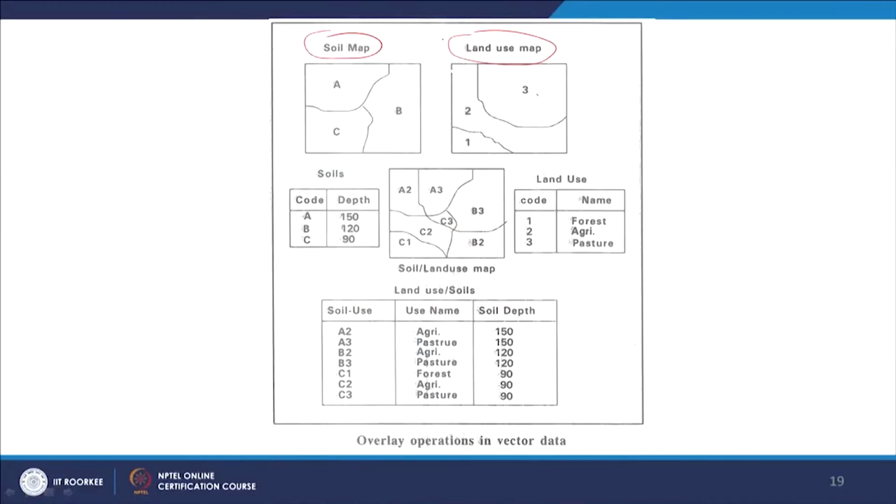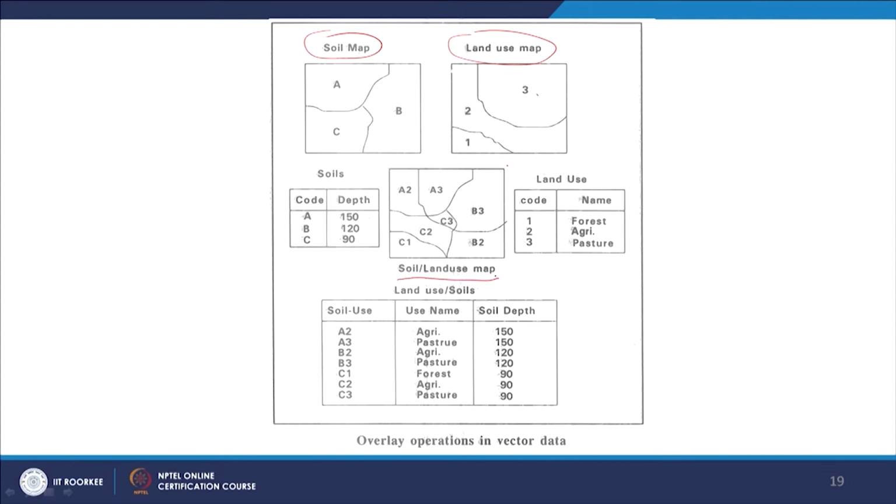Now, when I overlay, I may end up with 9 polygons or more or less, depending on how they intersect with each other. And therefore, not only will the number of columns in my attribute table increase, but the number of polygons has also increased in my map, which you can see here, the soil land use map.